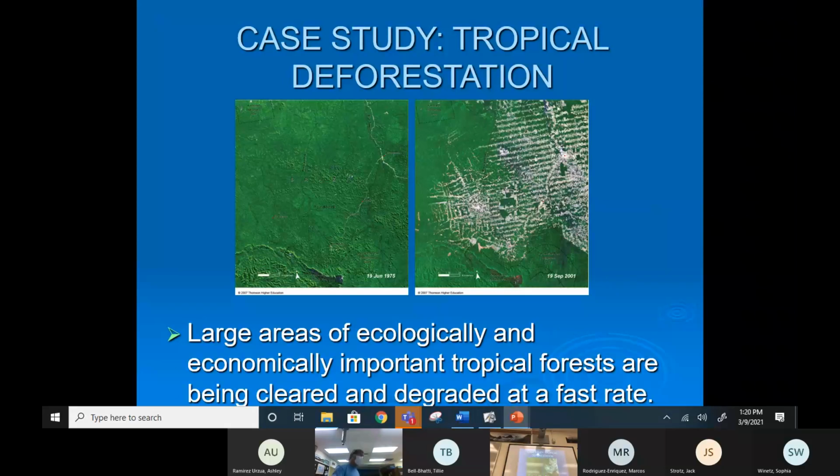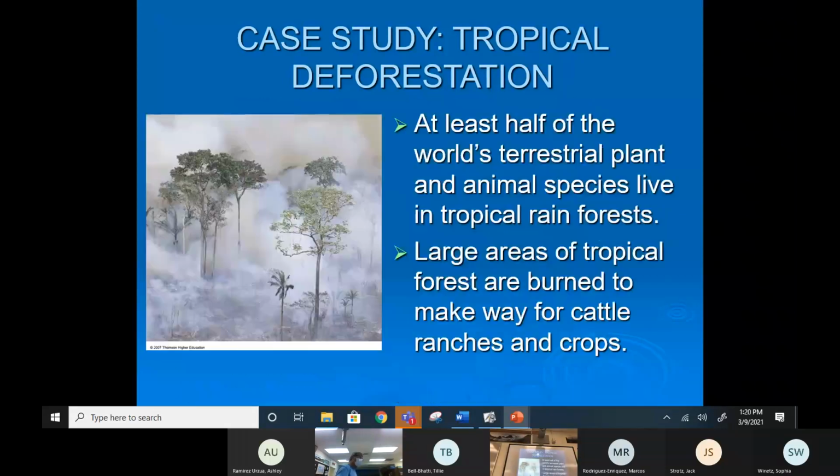Okay, so let's look at tropical deforestation specifically. We think half of the world's land plants and animals live in the tropical rainforest. And these tropical rainforests make up less than 10% of the land on the planet, but they have half of the diversity. So very concentrated with life.